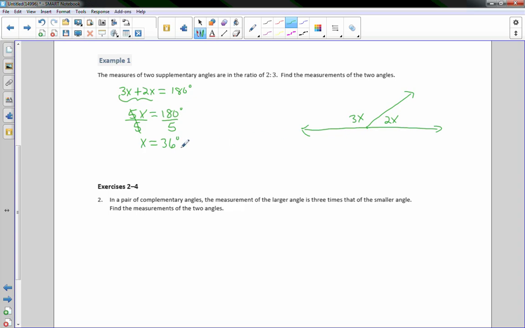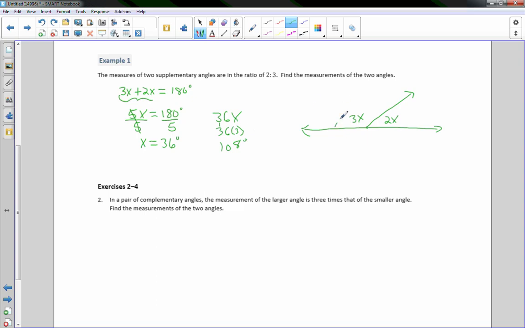So if x equals 36, then 3x equals this portion here. So 36 times 3, 3 times 6 is 18, and 3 times 3 is 9, plus 1 is 10.